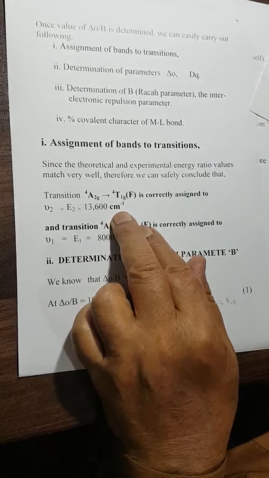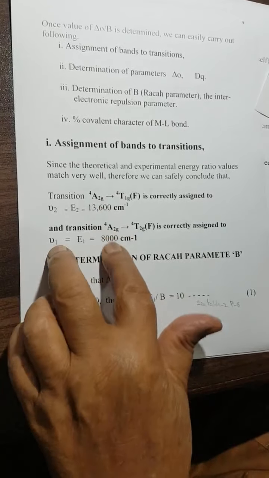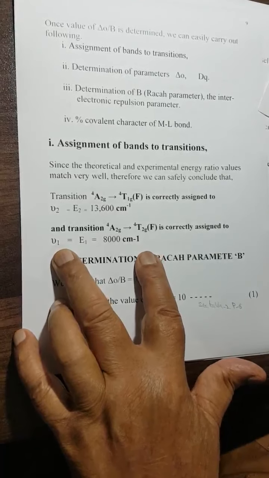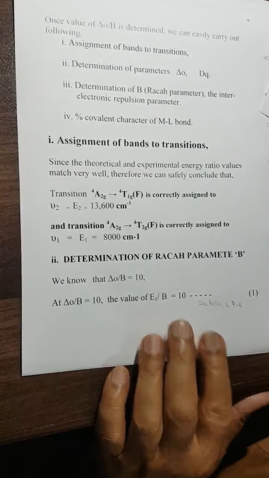We said let us suppose this is nu2 and this is nu1. Now we see that the experimental value of nu2 over nu1 is 1.7, and we have determined it theoretically as well, and that is 1.7. So whatever we supposed is correct. That is how we verify and assign bands to the transitions. This assignment is nu2 and the other one is nu1.